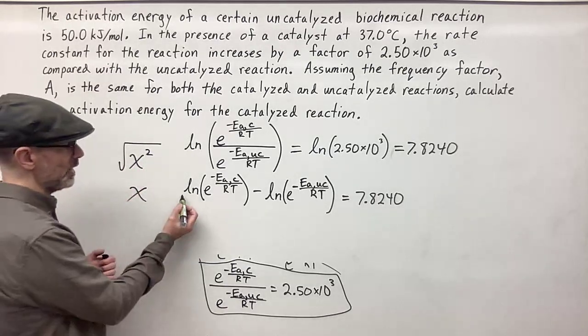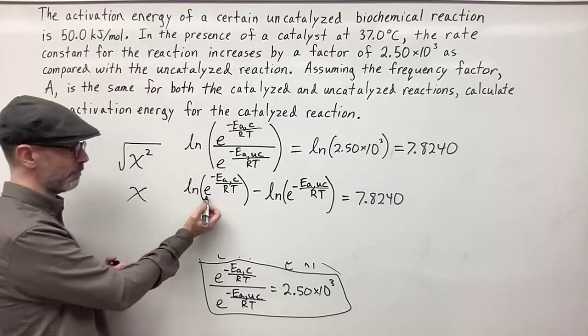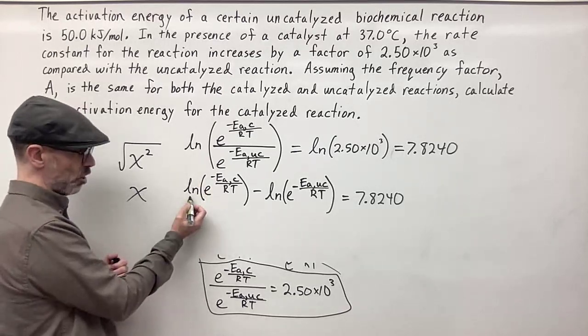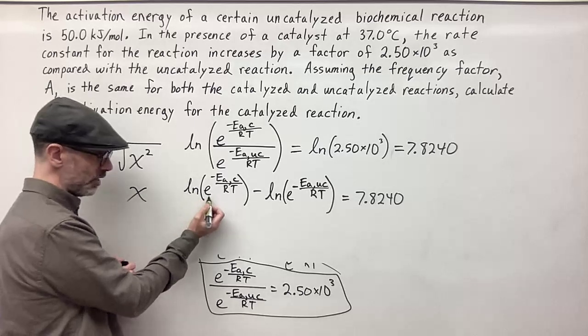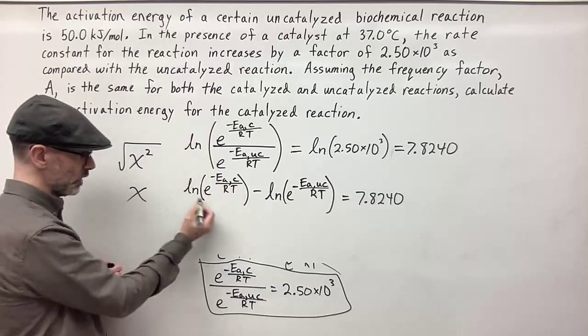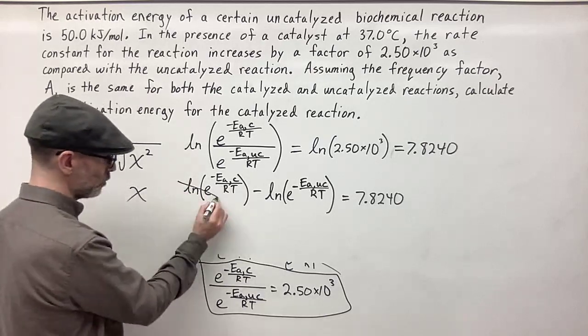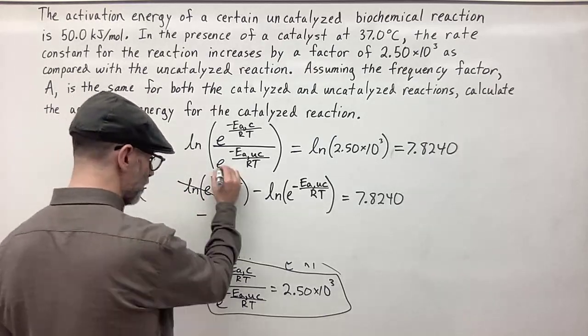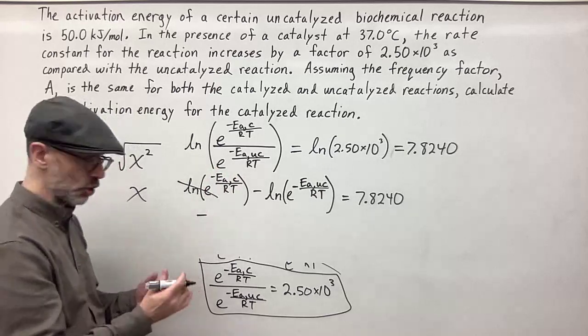Same thing with natural log and e. If I take the natural log of e raised to some power, the power becomes the term. So these cancel out, and I get just the exponent becoming the term itself.